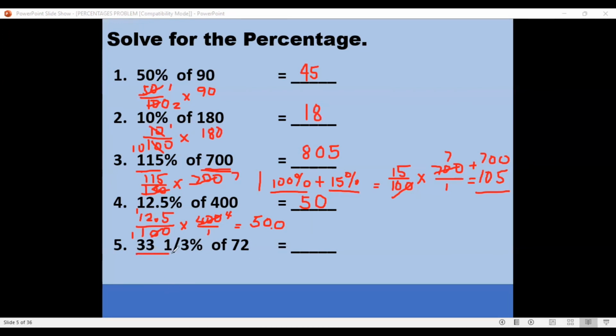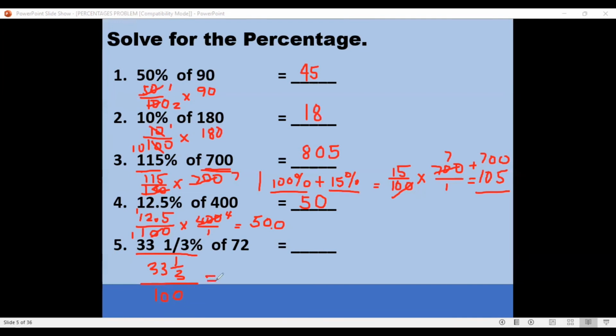Now you have here your 33 and 1/3% of 72. So this is now a case wherein we have a complex fraction because as you notice, 33 and 1/3% all over 100. Now, if you can remember that 33 and 1/3% is equivalent to 1/3, that's okay.